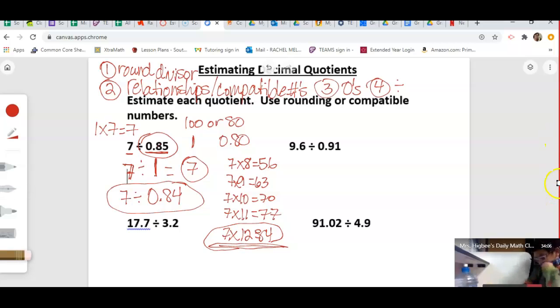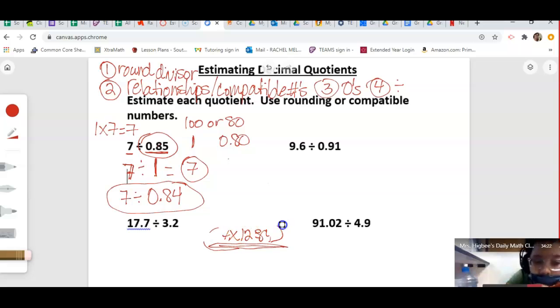And that's kind of the whole point of estimating, you want to be able to do stuff quickly in your head. If you have to sit there and think about something for 5 minutes when you're estimating, it's not a useful tool. It's supposed to be a useful tool to tell you what is a reasonable answer. So yes, we could have done that 0.84, but rounding it to 1 was actually a lot quicker and easier. All right, Elijah, lower your hand.